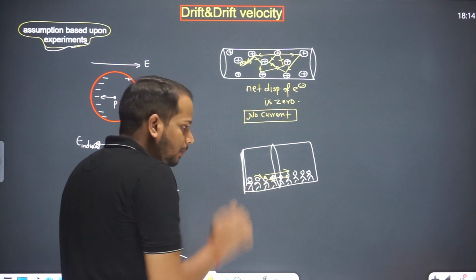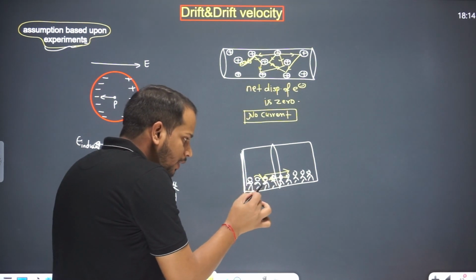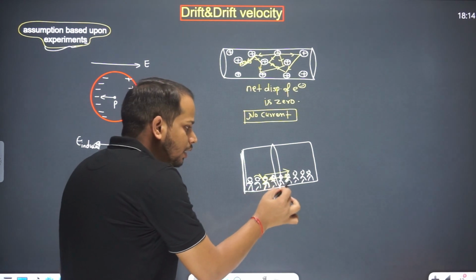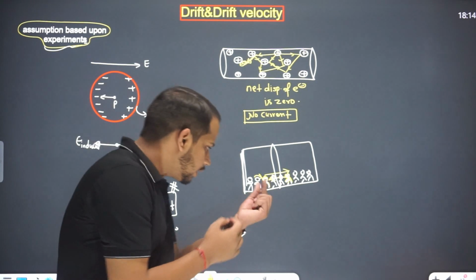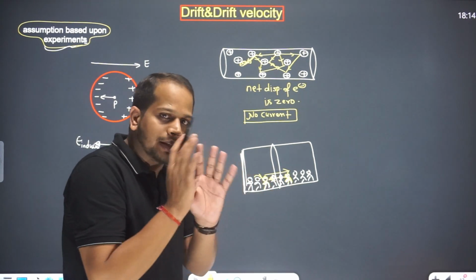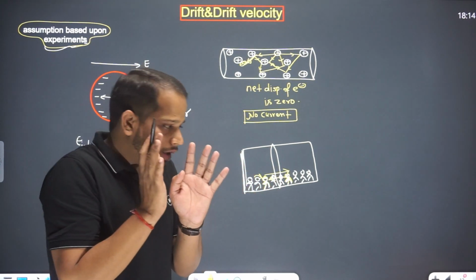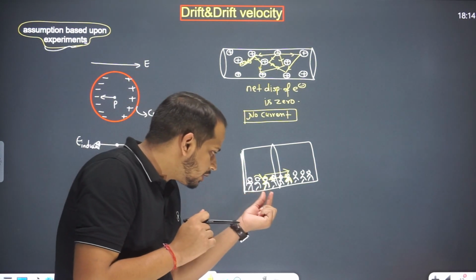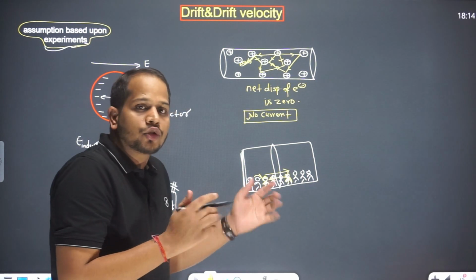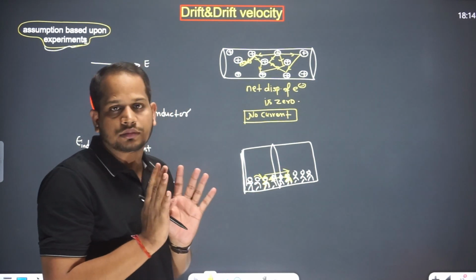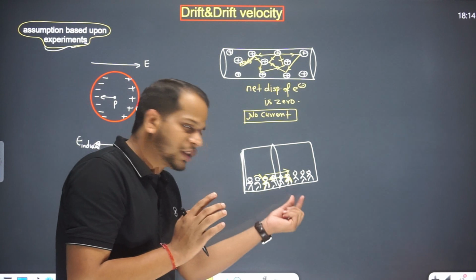Because the space is the same. When I am saying this person and this person are identical, and one is displacing towards right and the other towards left, what will we observe? We will observe nothing, because we will observe zero displacement.